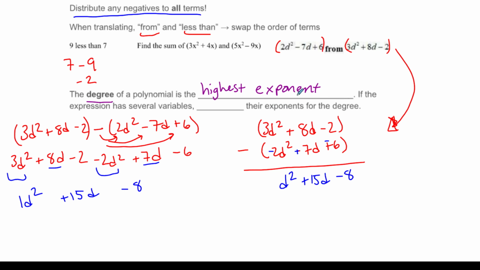So for example, if we had something like x cubed minus x squared plus 100x, I would say this is a third degree polynomial, because 3 is its highest exponent.